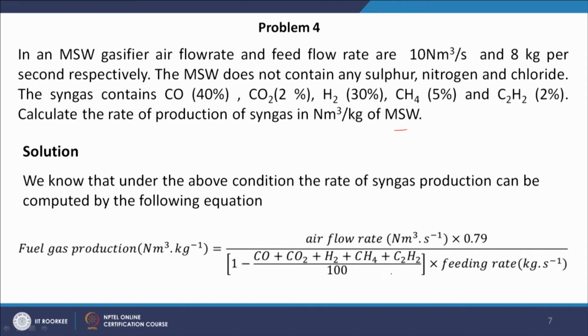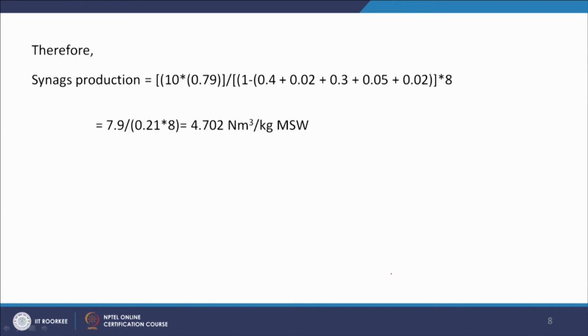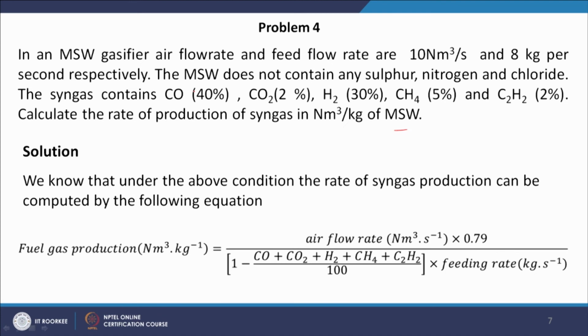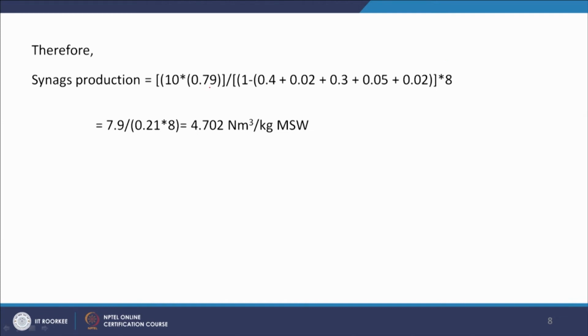Now we put in the values provided. The air flow rate is 10 normal meter cube per second. So 10 into 0.79 divided by 1 minus 0.4, 0.02, 0.3, 0.05, 0.02, which are the fractions of the different gas components.